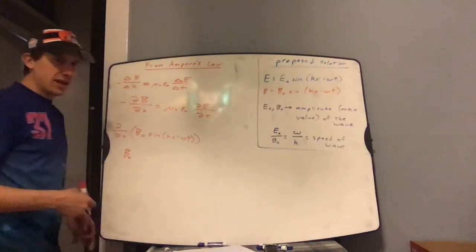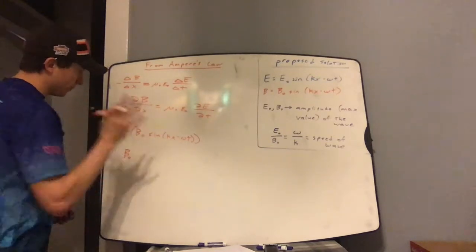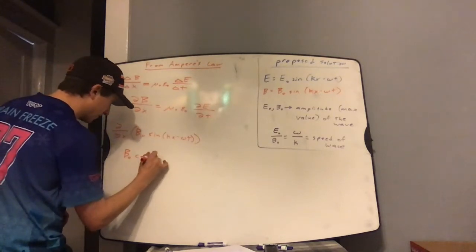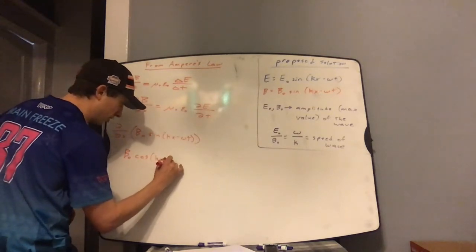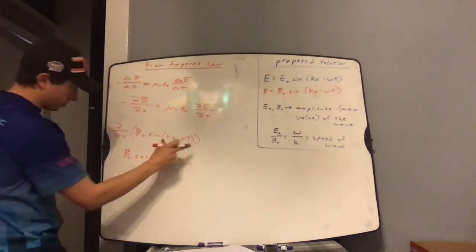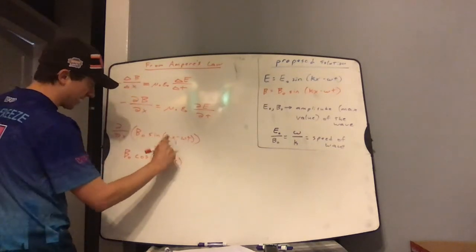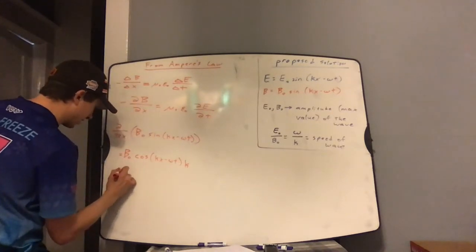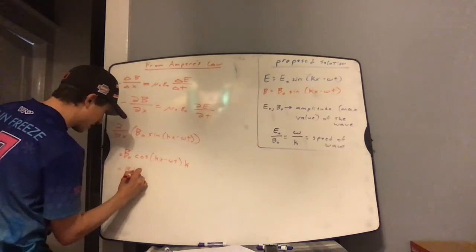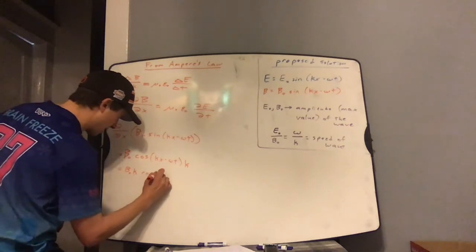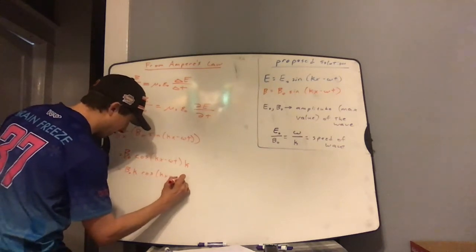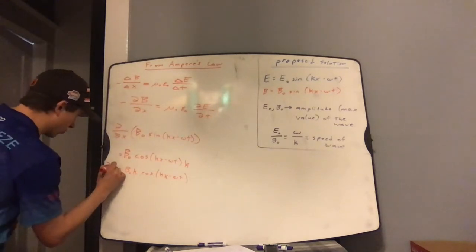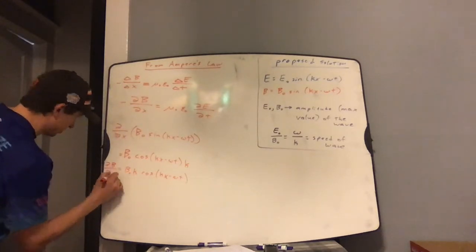I am taking a chain rule of B. So sine becomes cosine. Then I leave the inside alone for the moment. Then I take the derivative of the inside with respect to x. That derivative will become k. So then I get B naught k cosine kx minus omega t. So this is partial of B with respect to position.